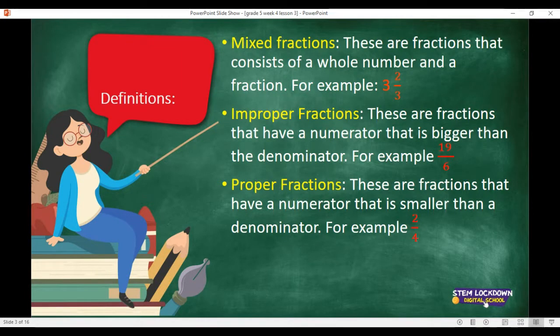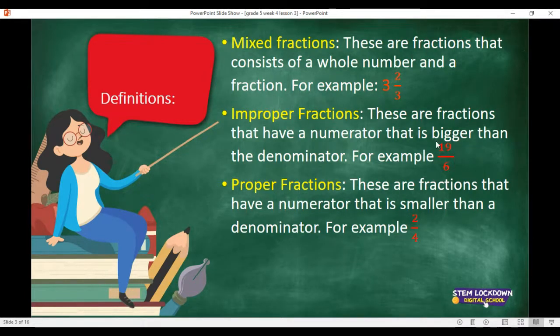And then we also have what you call an improper fraction. Improper fractions are fractions that have a numerator that is bigger than the denominator. For example, an example of a mixed number is 3 2/3. And the example of an improper fraction is 19/6. If we look at that fraction, we have 19, which is the numerator, and then we have 6, which is the denominator.